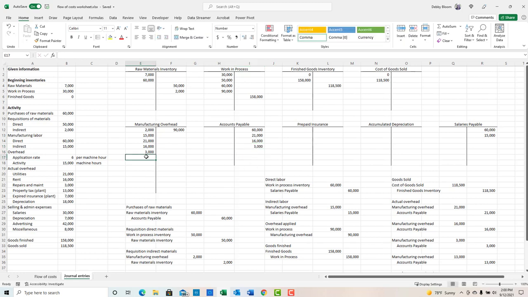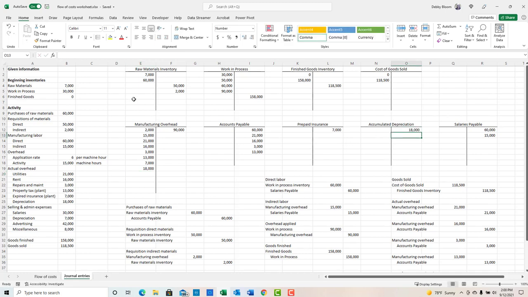For the property tax, manufacturing overhead, and accounts payable. For the expired insurance, debit manufacturing overhead, credit prepaid insurance. And finally, for the depreciation, debit manufacturing overhead, and credit accumulated depreciation.